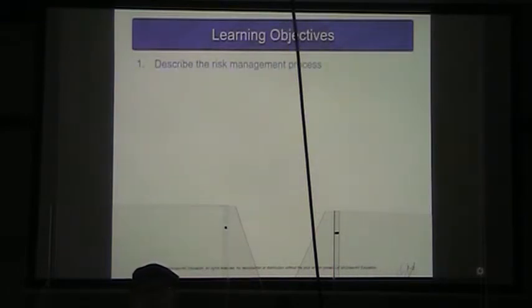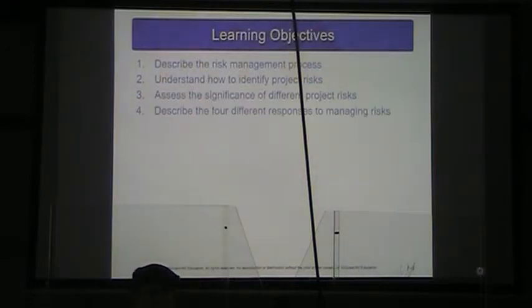All right, so our learning objectives: we want to be able to describe the process, know how to identify our risks, understand the significance of the project risks, and use our 4 different responses to managing risk.